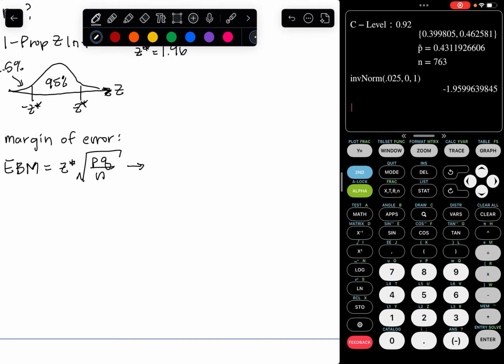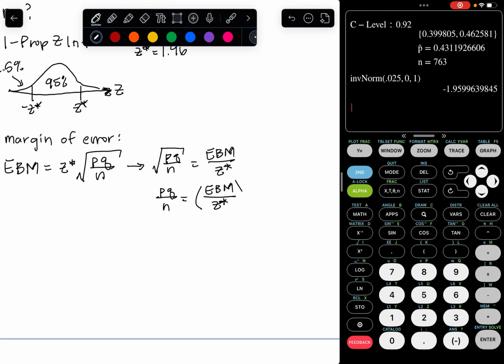So let's do some math, shall we? First I'm going to divide by z. So square root of PQ over n equals the error bound over z star. Next, I want to get rid of that square root. I'm going to square this, so we get PQ over n equals EBM over z star, squared.